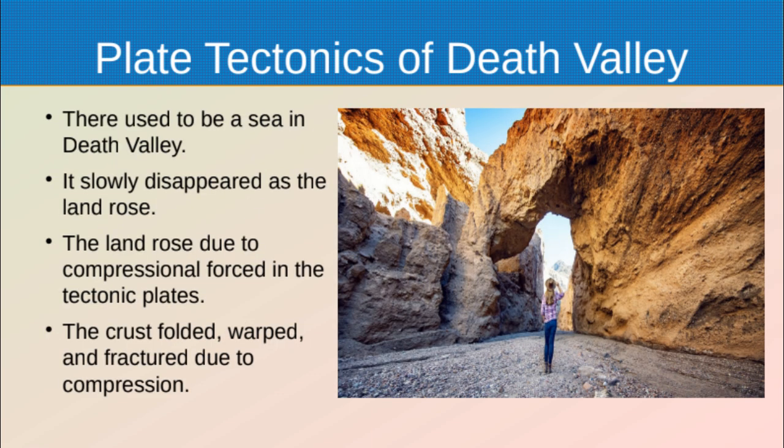According to geologists, there used to be a sea within Death Valley. It slowly disappeared as the land rose and the water level sank. The land rose due to compressional forces in the tectonic plates. The crust folded, warped, and fractured due to compression.